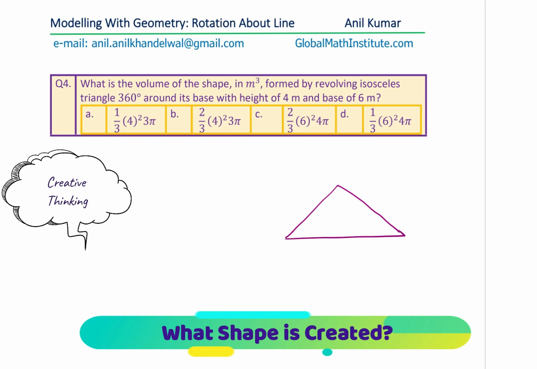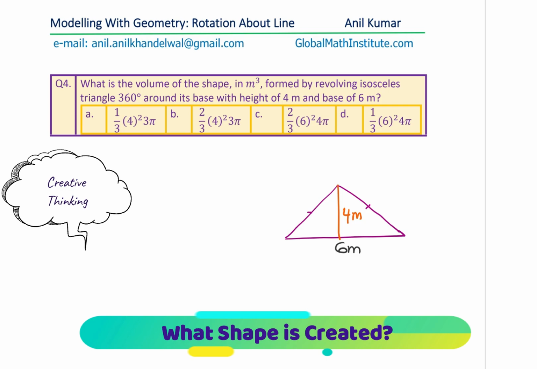Isosceles triangle. So these sides are equal, and here you have a base which is 6 meters. And then let me say this is the height of 4 meters. Now you need to visualize it is revolving around its base.